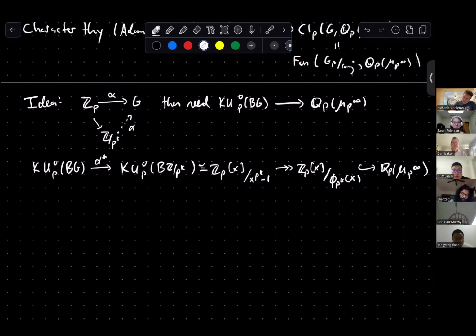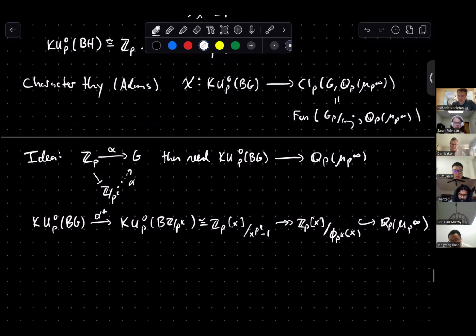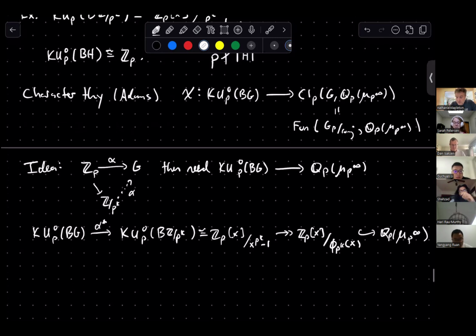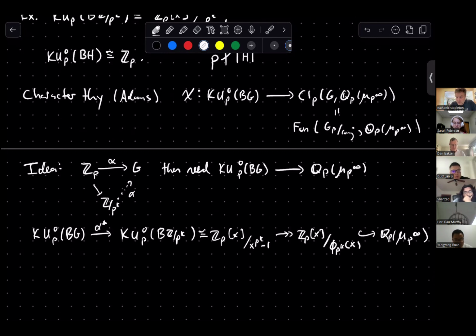So now I have a challenge. What's that? I have a question. Could you expand more? We could compute the p-complete K theory of the classifying space of the p-adic integers. The map from the p-adic integers to G, the alpha, is induced by applying the classifying space, then you apply KU.